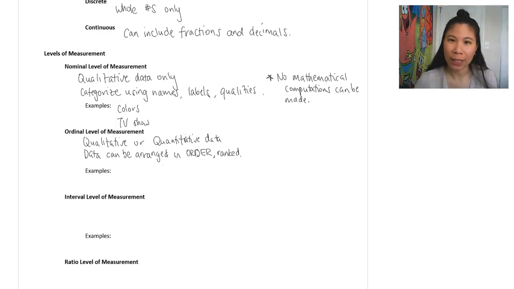So this could be something like if I asked for your top three colors, top 3 TV shows, whatever. Because you can rank them, there's some sort of order to it, but between your first and your third favorite, you can't actually quantify how much more you like one thing versus the other.